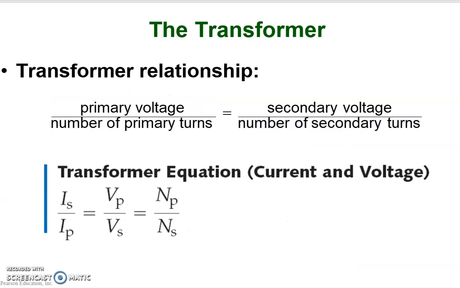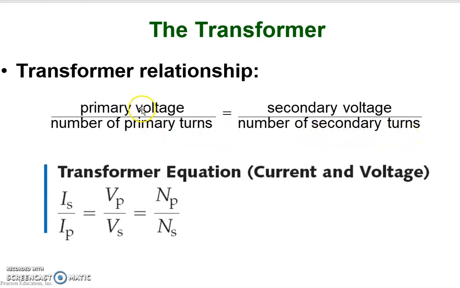Let's write down what we just said in terms of a formula, the relation. The primary voltage, which is the input voltage, divided by the number of the primary loops or the primary turns, is equivalent to the voltage across the secondary loops divided by the number of the secondary turns.